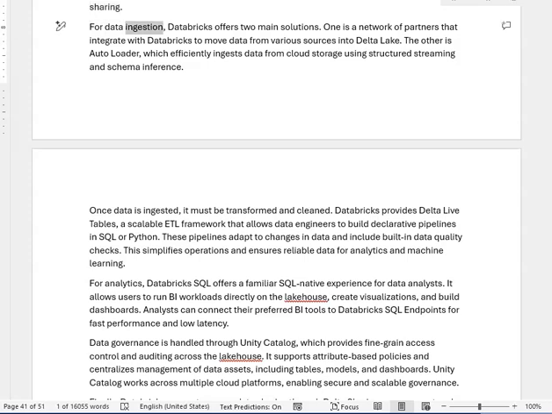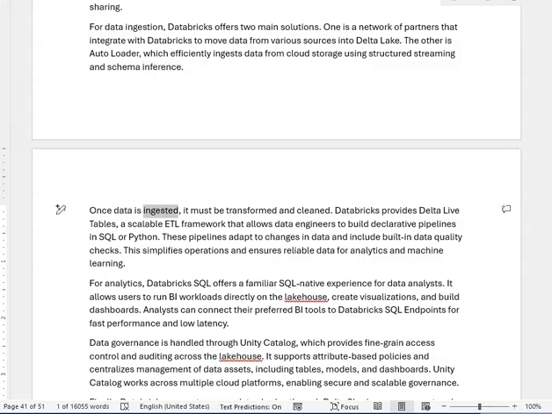For data ingestion, Databricks offers two main solutions. One is a network of partners that integrate with Databricks to move data from various sources into Delta Lake. The other is Autoloader, which efficiently ingests data from cloud storage using structured streaming and schema inference.